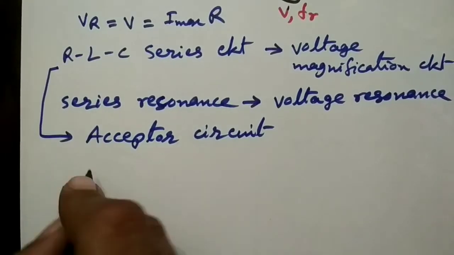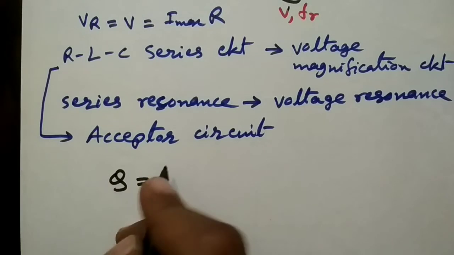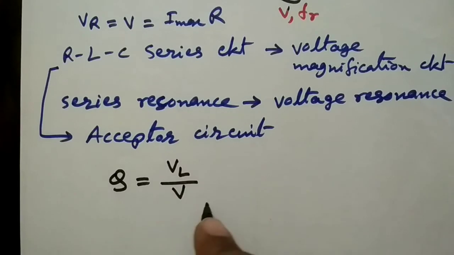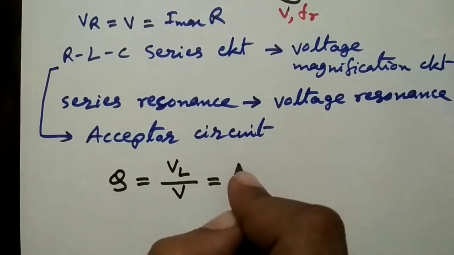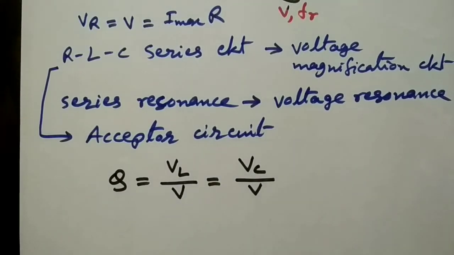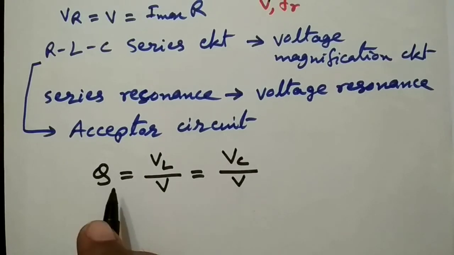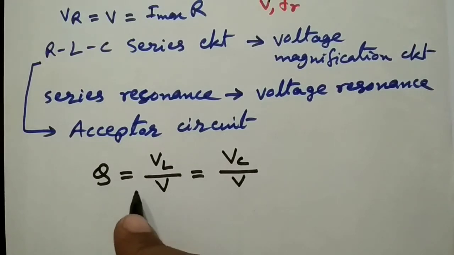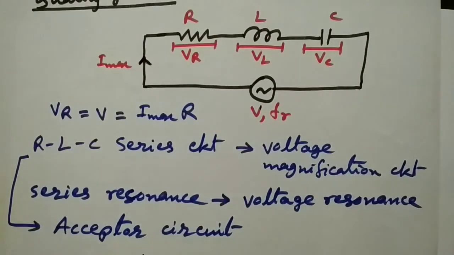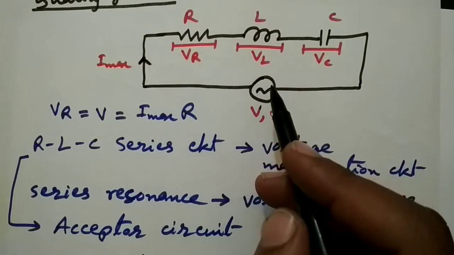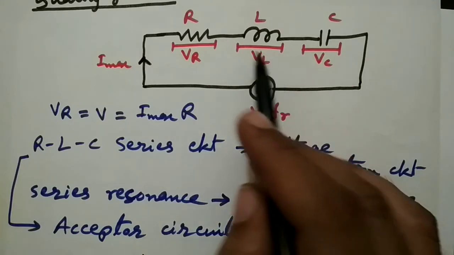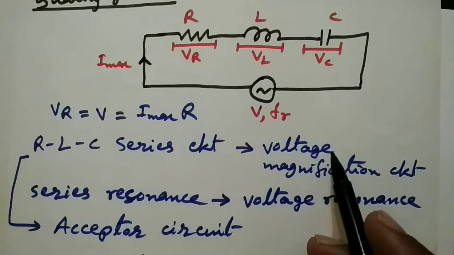The quality factor is defined as the ratio of the voltage drop across the inductor to the supply voltage, or it can also be written as the voltage drop across the capacitor to the supply voltage. Therefore, quality factor indicates the magnification of the voltage in an RLC series circuit during resonance condition, and this magnification occurs across the inductance or the capacitance.